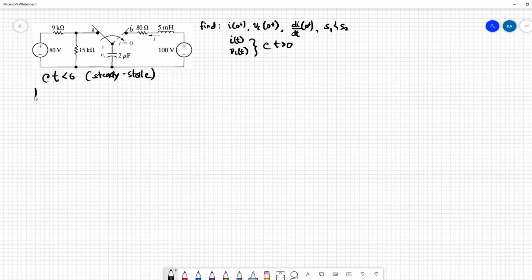We have the voltage source, we have this capacitor open, we have a resistor in series with a short.